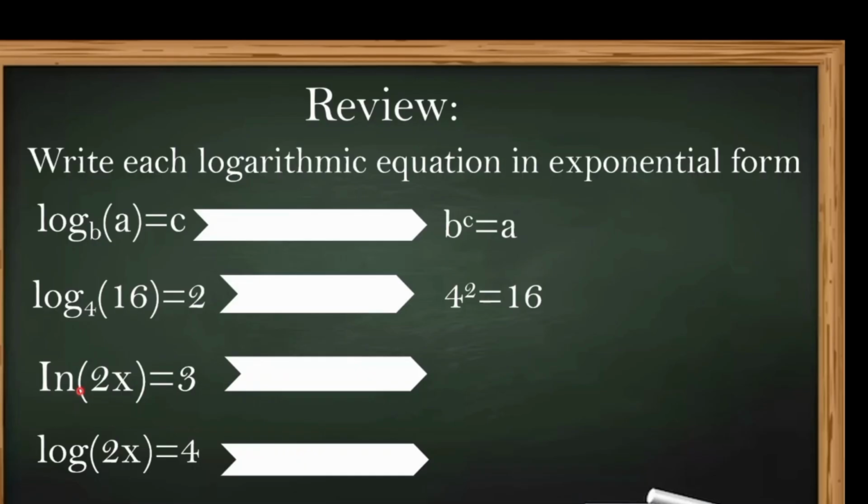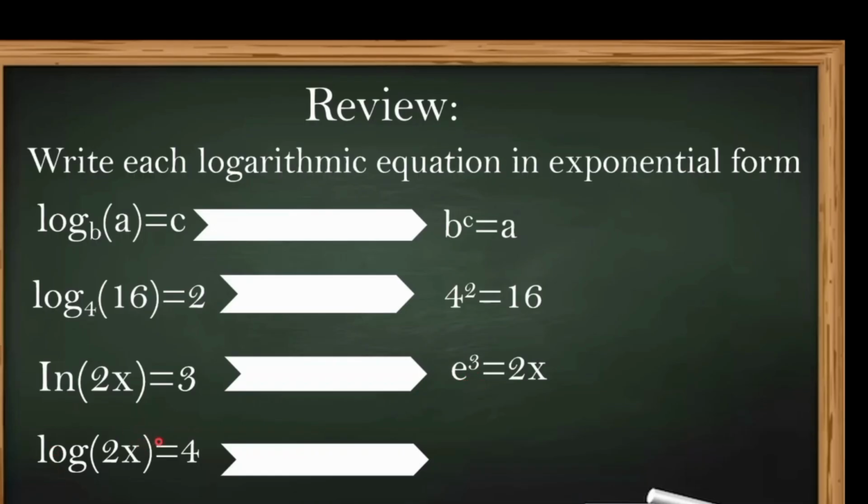Next, ln 2x to the base of e is equal to 3. The exponential form of this is e to the power of 3 is equal to 2x. The e is from the base of ln, because if the ln doesn't have a base, it's automatically e.